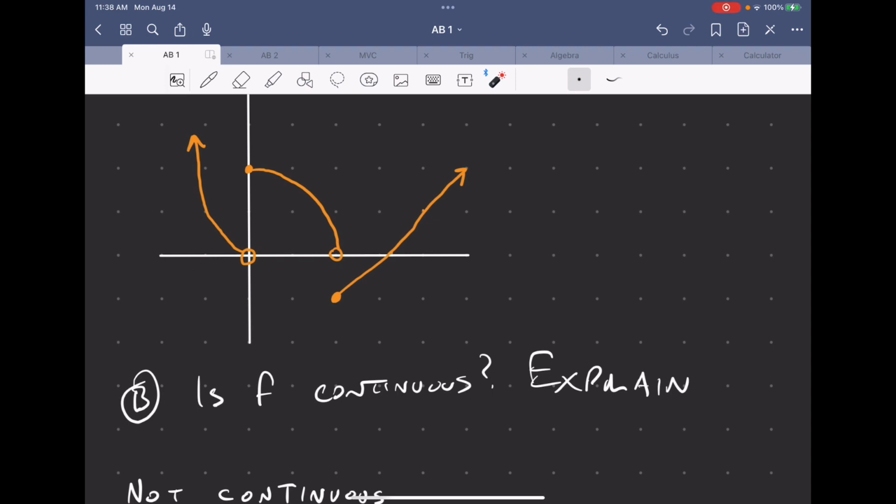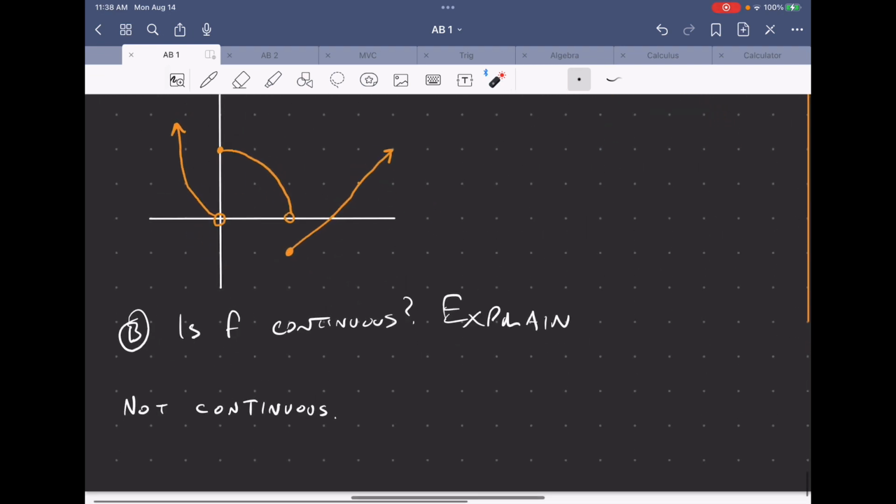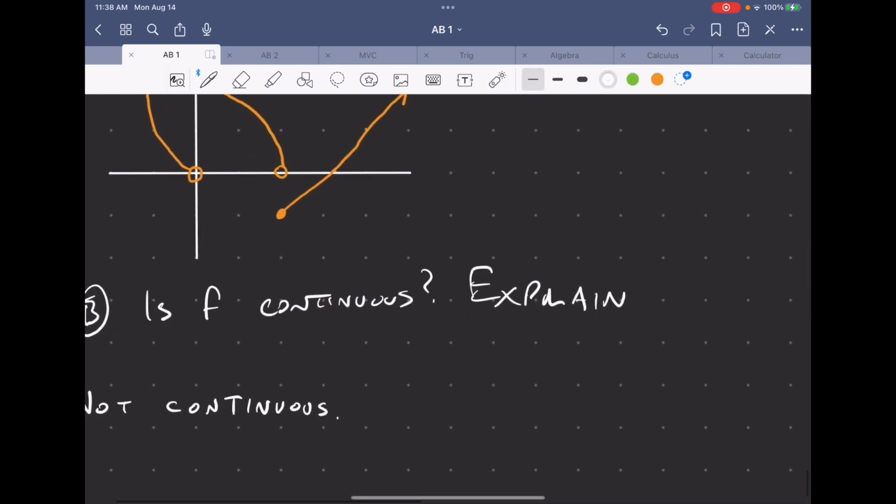Keeping in mind that anytime you see an open circle, you'd have to pick up your pencil just to skip over the open circle. So this is not continuous, and that is because we have a jump discontinuity at x equals 0 and at x equals 2.